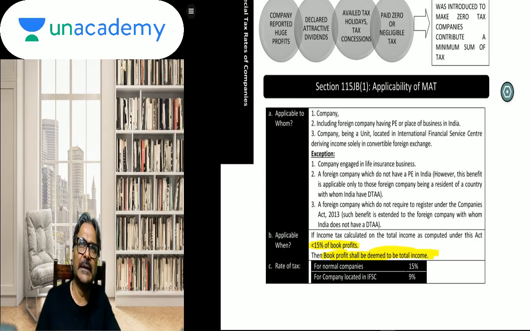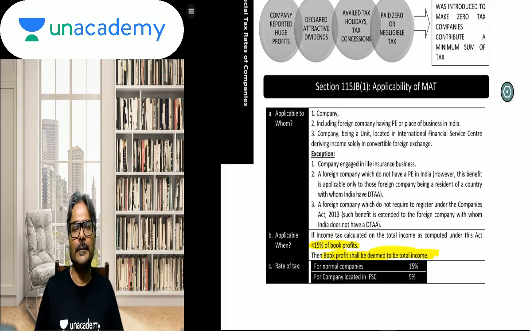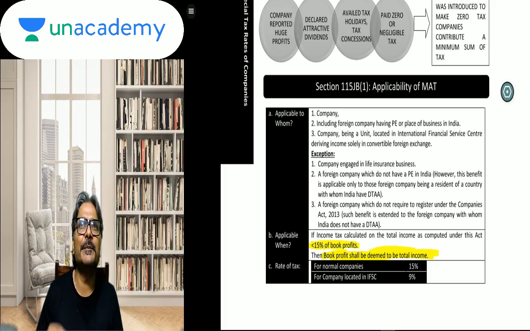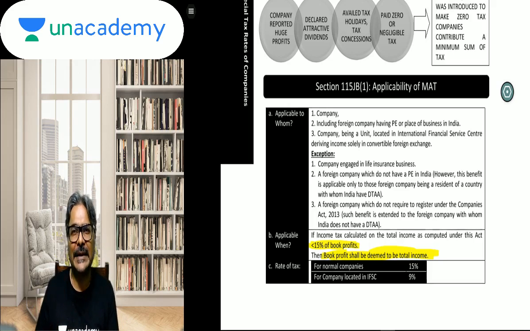So students, herein the situation was like this. In the Companies Act, you may be aware, there is a specific provision that the foreign company is required to maintain books of accounts only if they have an office or establishment situated in India.